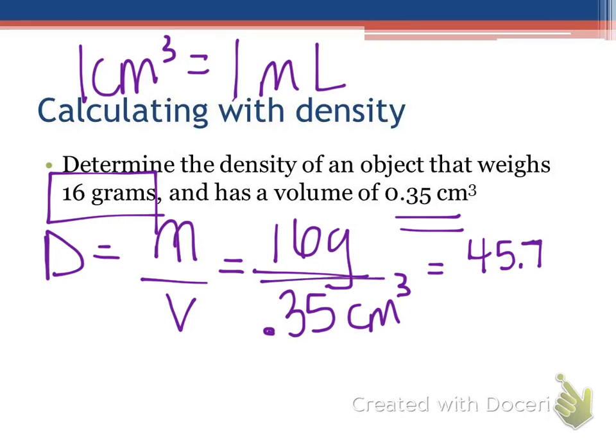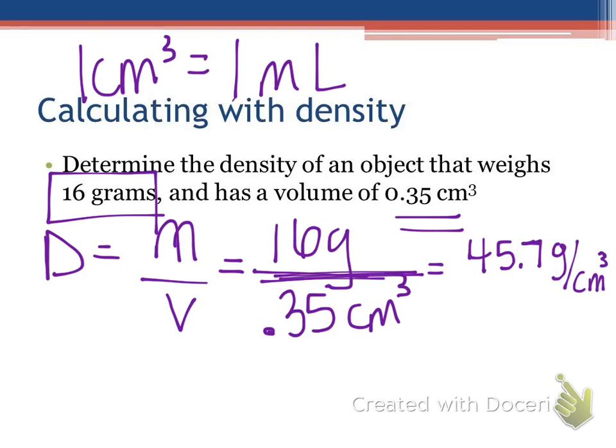If we take grams and we divide them by cubic centimeters, that means our units are grams per cubic centimeter. That's it. Right? When you would do a division problem, it's top over bottom. That doesn't change with units. Okay, so whatever our units are on the top, we should be divided by our units on the bottom.